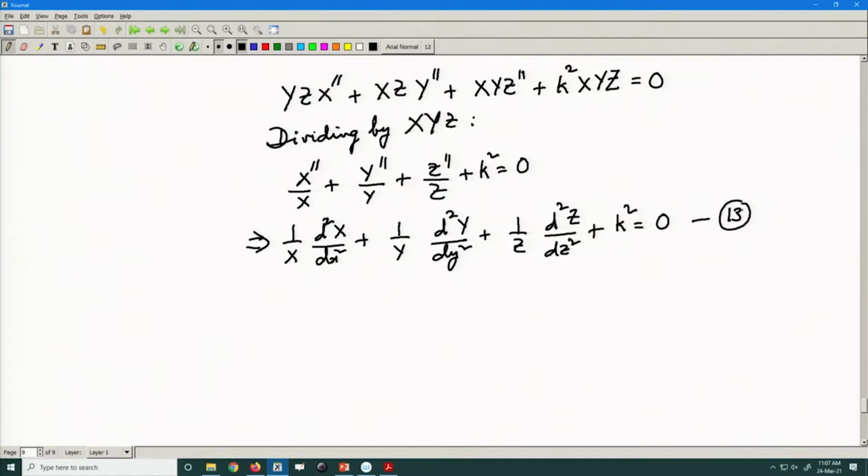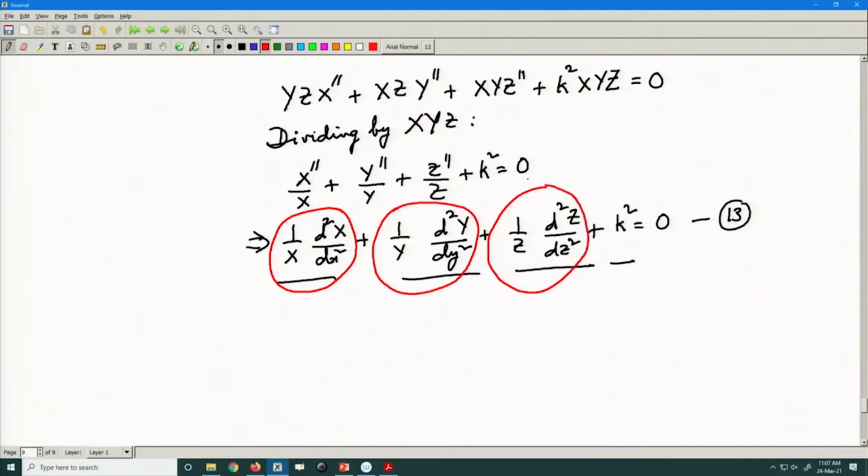That is the only way these 4 terms can add up to 0 for all small x, small y and small z, which can be arbitrary. So, this term will be independent of x, y, z, this term will be independent of x, y, z, and this term has to be independent of x, y, z.